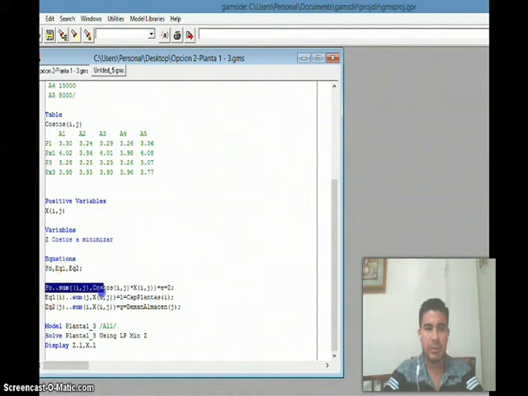The objective function is this command, and equation 1 is the sum of plant capacity, and equation 2 is the demand of storehouse. The model in this case is plant 1 and 3, and finally, solve plant 1 using minimizing the objective function, in this case Z, and display Z and X.